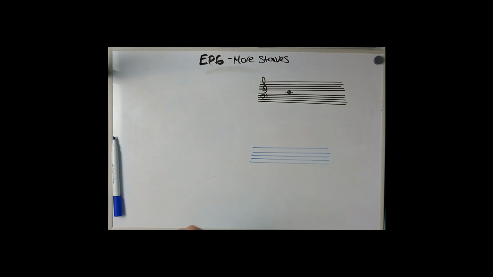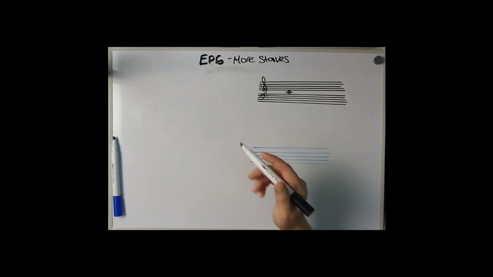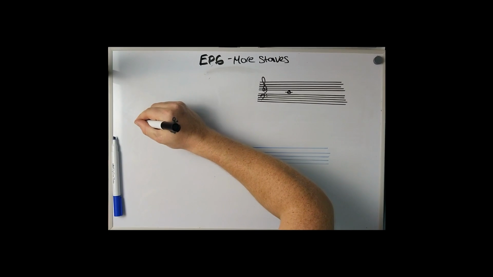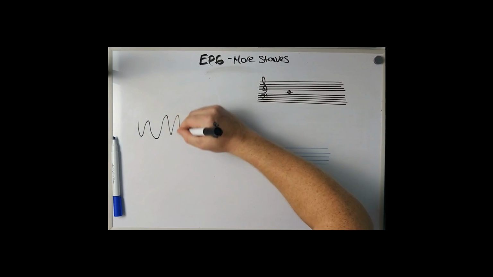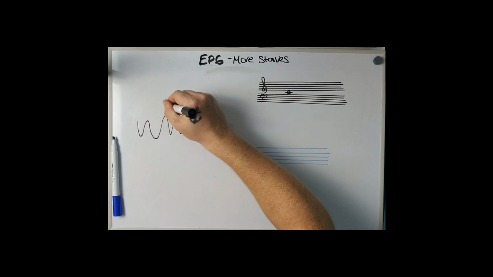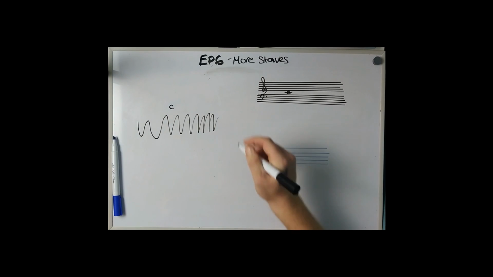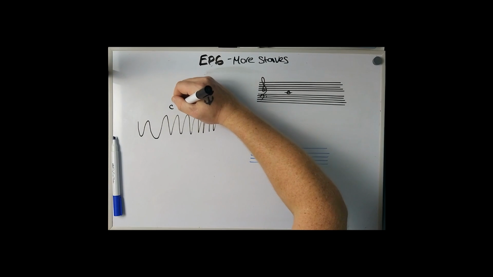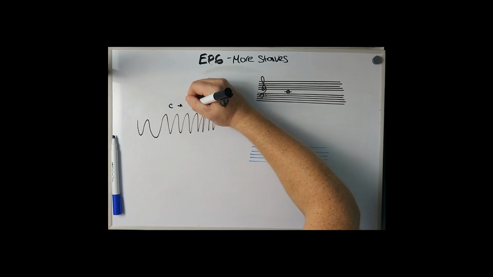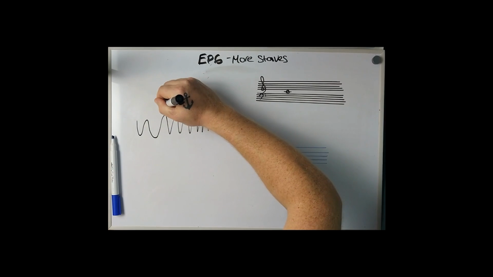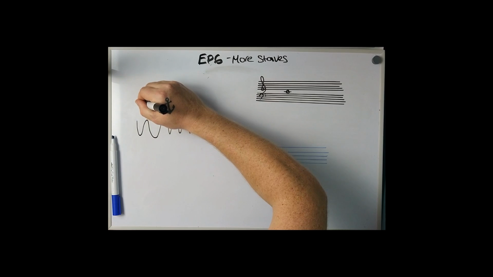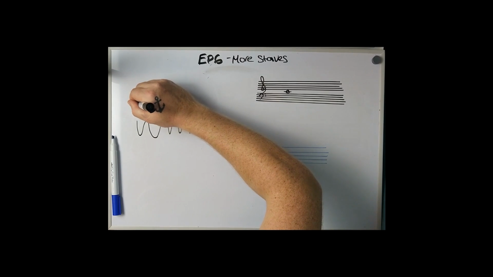Another way of looking at it is, as discussed previously, about sound wave, how it was like that. I just did a really quick mock-up one and we had the middle C there. As a rule, anything this way would be treble, and anything this way would be bass.